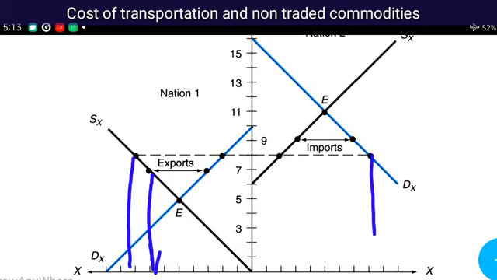Initially the importing country was demanding this much quantity, and now they are demanding only this much quantity. That means from the part of nation 1, who is exporting the commodity, there is a reduction in supply after incorporating transportation cost. In the case of the importing country, their quantity demanded decreases because there is an increase in the price of the commodity.